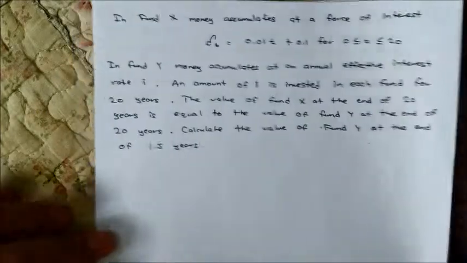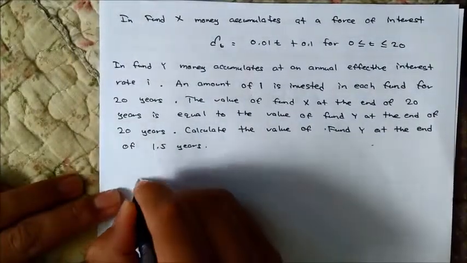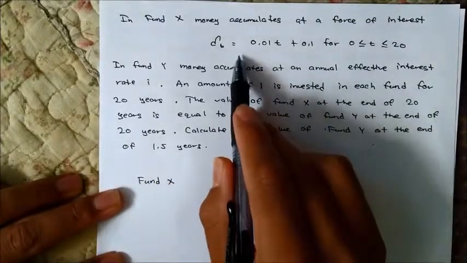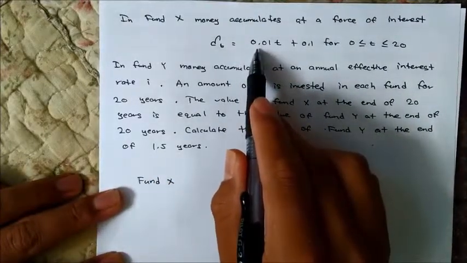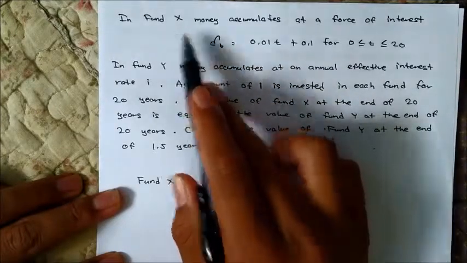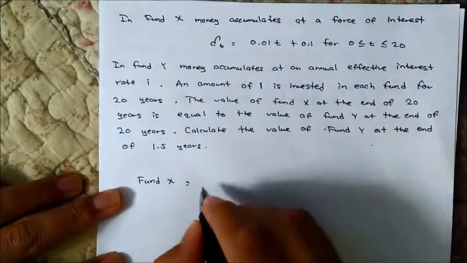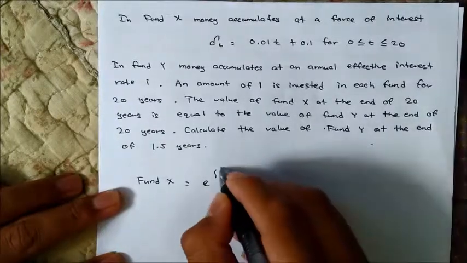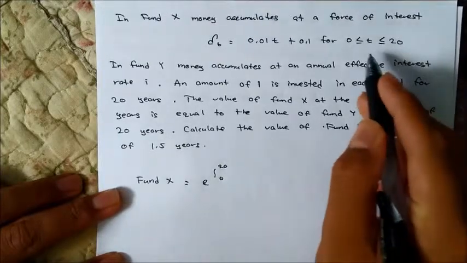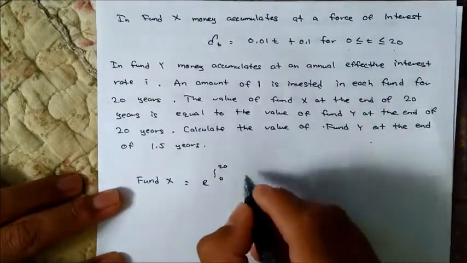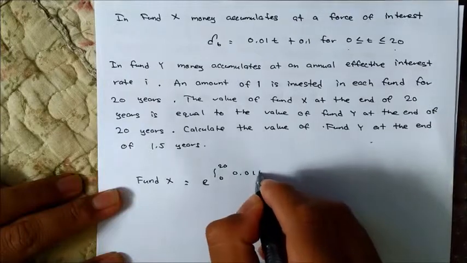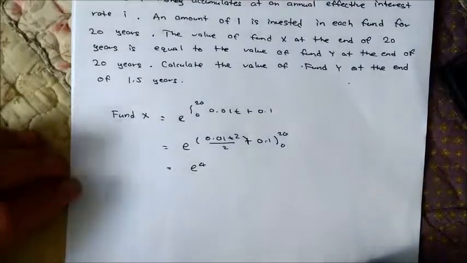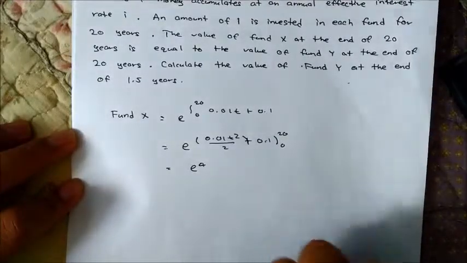Firstly, we need to find the accumulation value of Fund X. Since the question already gave the equation, we need to integrate in terms of e, e to the power of the integral from 0 to 20, since the range is 0 to 20, of 0.01t plus 0.1, and thus we will get e to the power of 4.